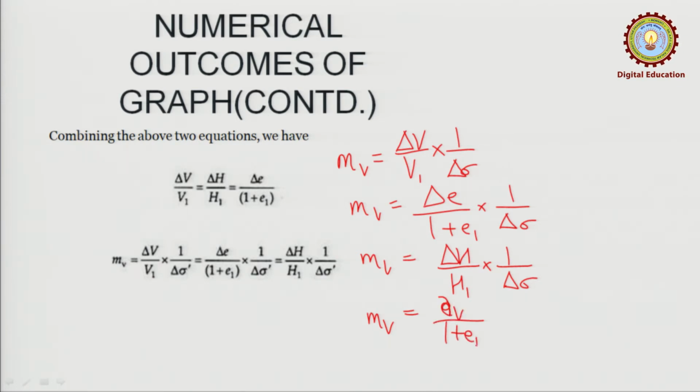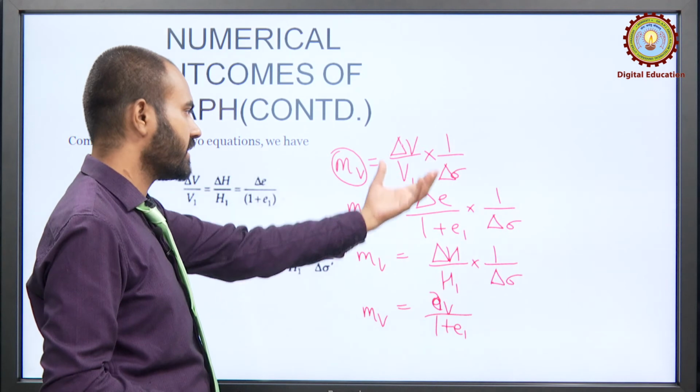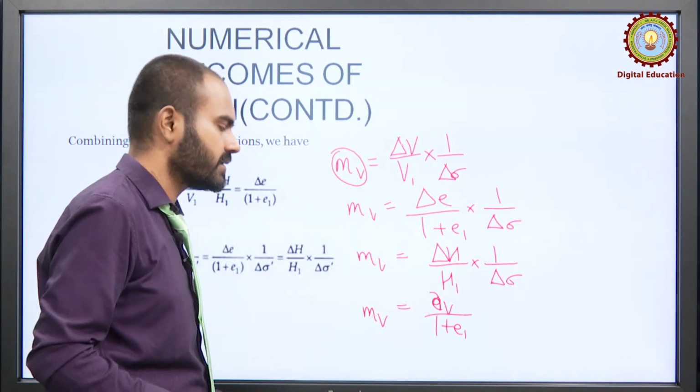So, these many formulas are there for mv. What is mv? Volume compressibility, coefficient of volume compressibility. Because we are treating the whole expression with the volume change only due to the effective stress change.